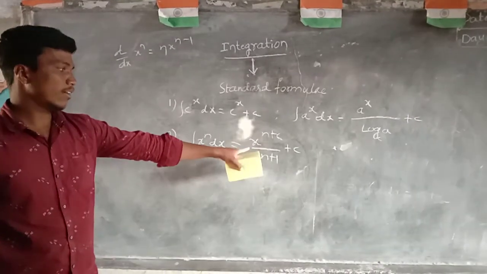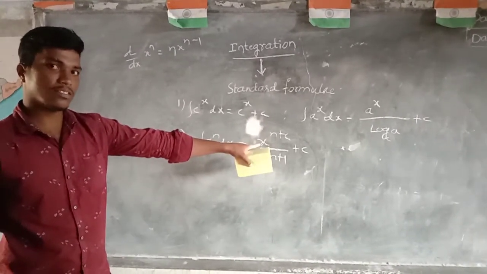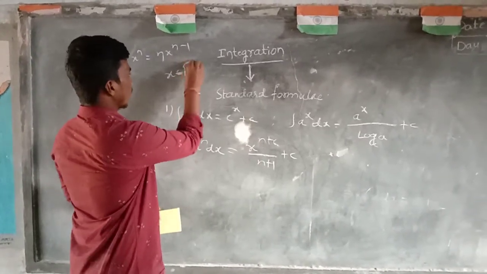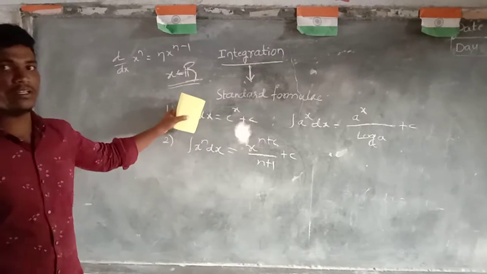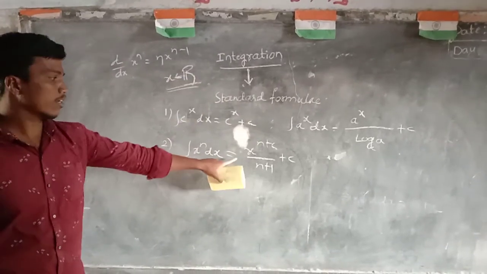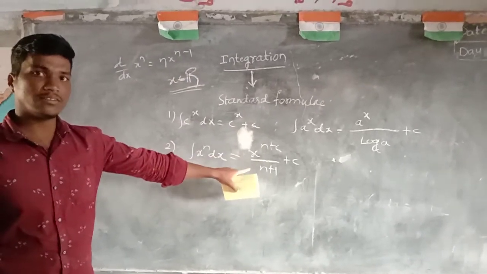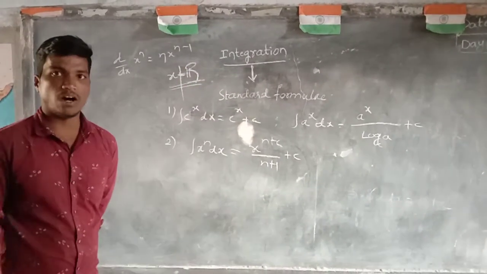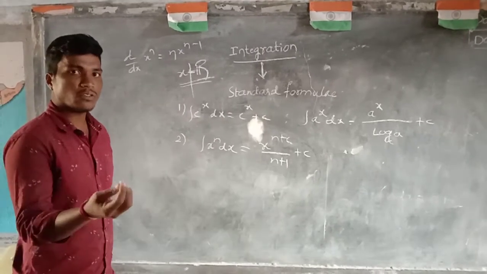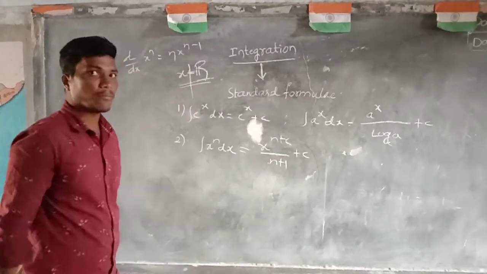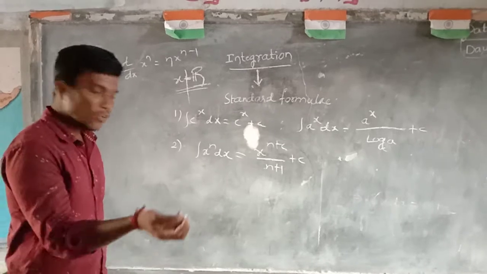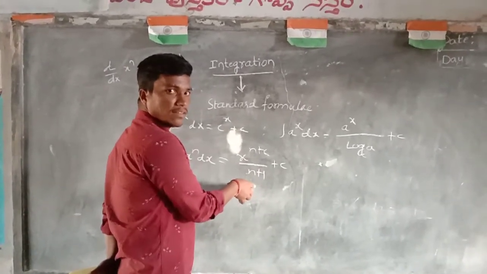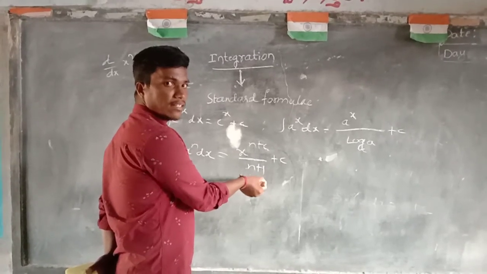But here x belongs to the real numbers. It is important because if we take n equal to minus 1, then n plus 1 gives 0, so in the denominator we get 0.